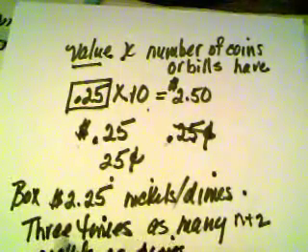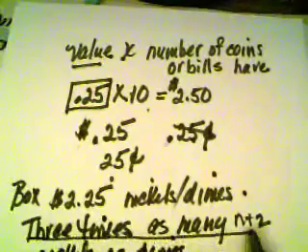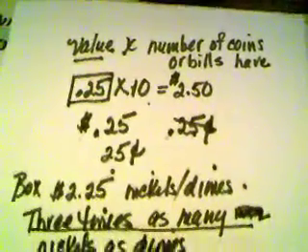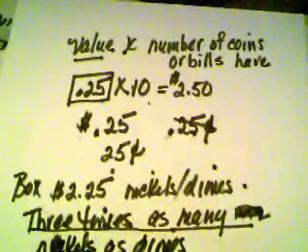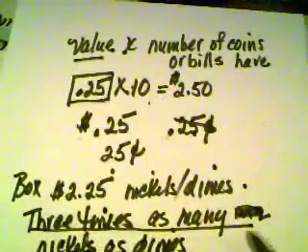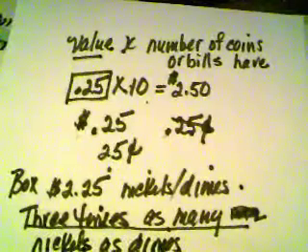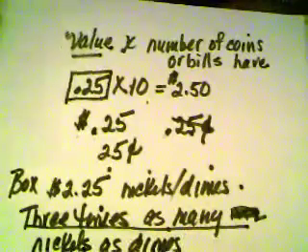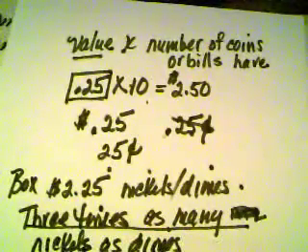So what you have to think about right here is which one do you have more of, nickels or dimes? If you have 3 times as many nickels as dimes, you have fewer dimes. So if I let this represent the number of dimes, then I have to have 3 of these to represent the number of nickels.